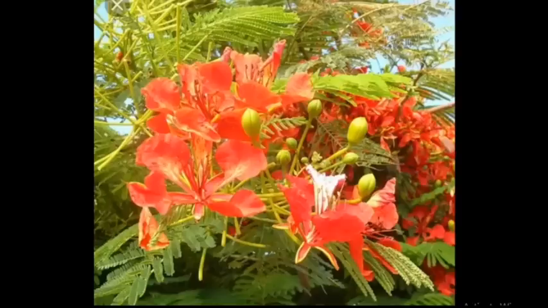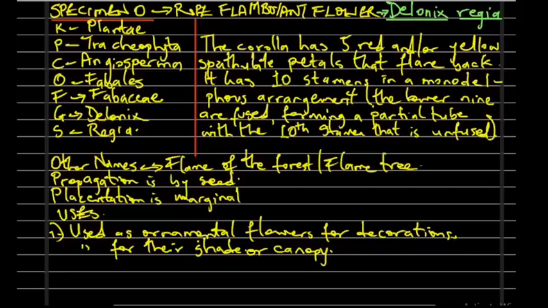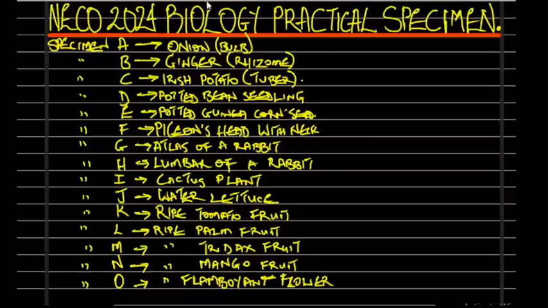That is the last specimen that we have for this practical session. I plead with us to try as much as possible to go over all that has been said.